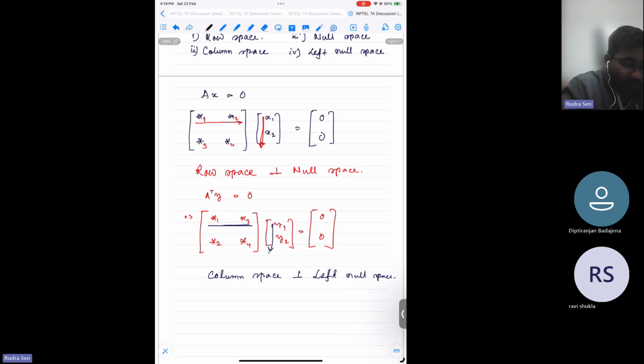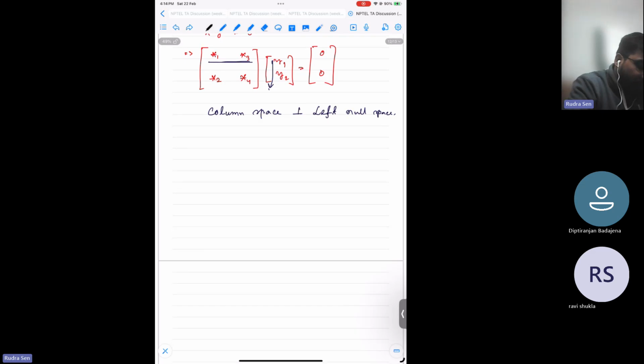Okay, before moving to the projection part, I forgot to give another example from the previous linear transformation. Just let me do that.